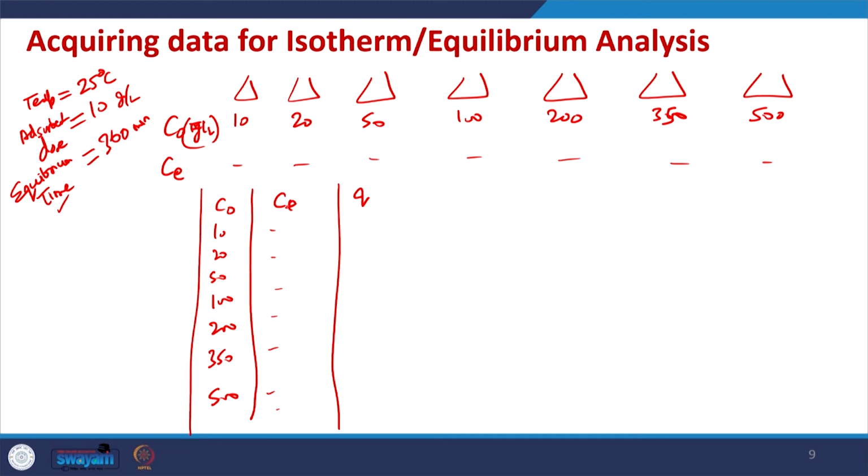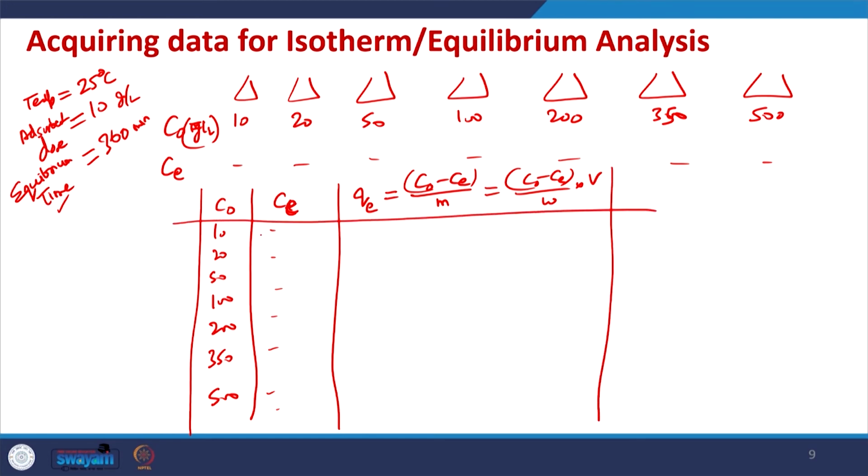So, this is CE, the concentration at equilibrium, and then QE. QE can be determined as C0 minus CE upon M, or as previously, C0 minus CE into V upon W. So, any of the formulas can be used for finding out these values.